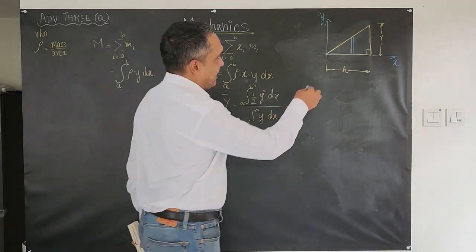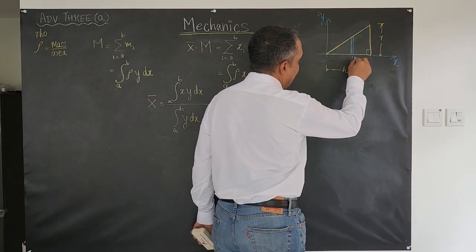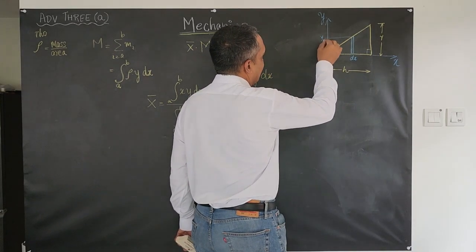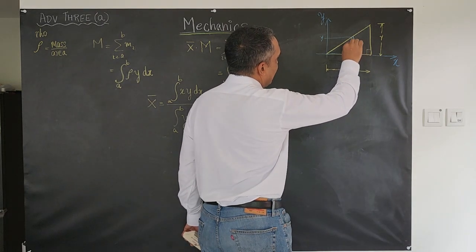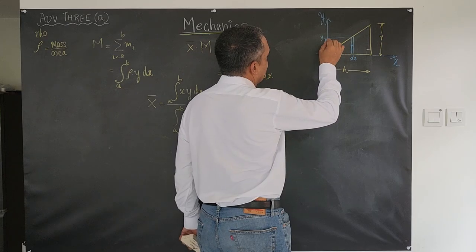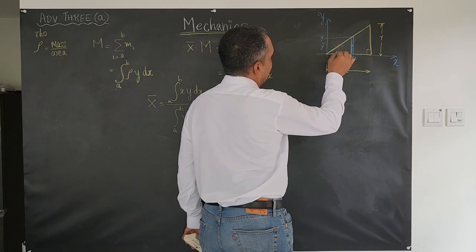And obviously I have my dx, I know that. I know my factor y. I can define my x tilde and my y tilde there. I know them.